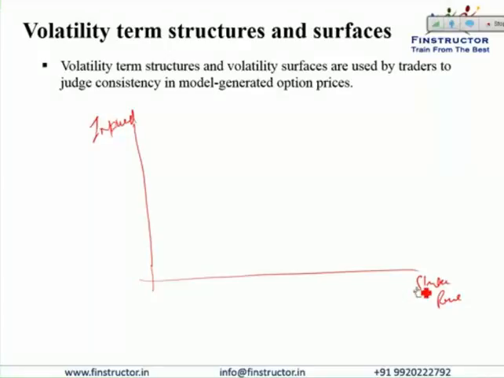Implied volatilities have often also been seen to vary with time to maturity. We have seen that longer term options have higher implied volatility, shorter term options have lower implied volatility, and so on and so forth.